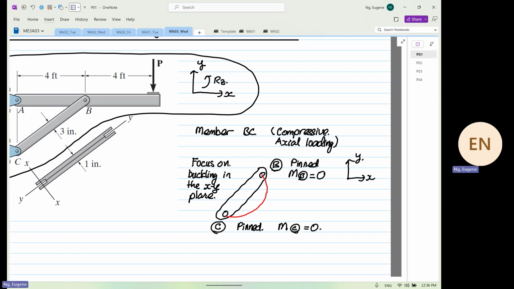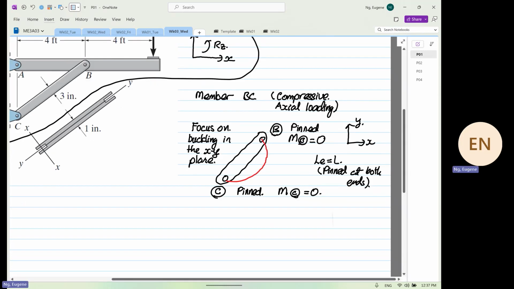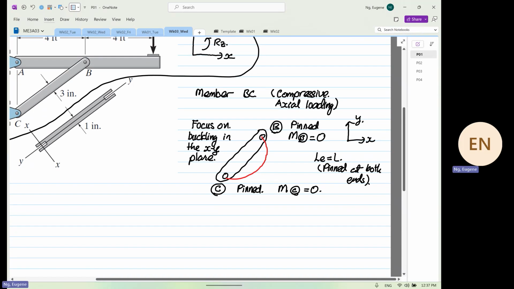So we know when both ends are pinned, pin on one end, pin on the other end, LE is equal to L. This is because of the pin at both ends. That's straightforward.